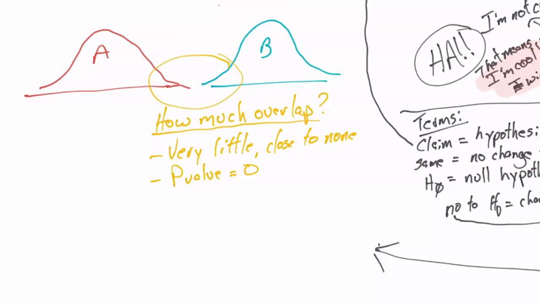P-values are going to range between the value of 0 and 1. If there's complete overlap, the p-value will be 1. If there's no overlap, the p-value will be 0. P-values will be some value between 0 and 1. And if we want the data sets to be different, if we want to reject the null hypothesis, we want very little overlap. So we want very small p-values.